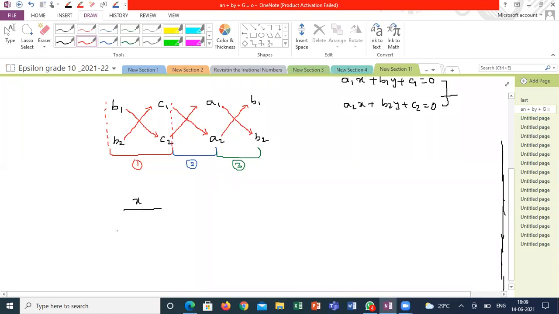B1 is marked with C2. From left to right it is positive, and the other direction is negative. So here it will be B1 C2 minus B2 C1.